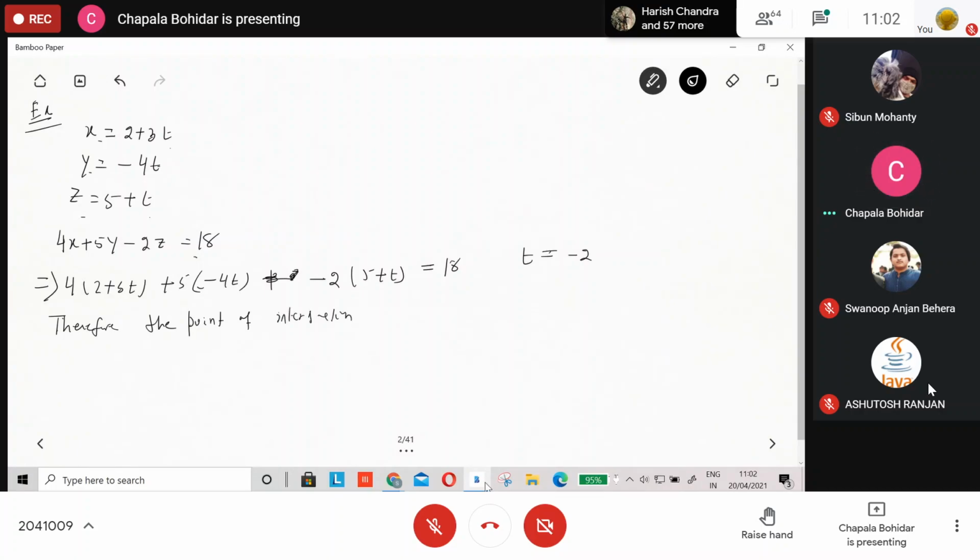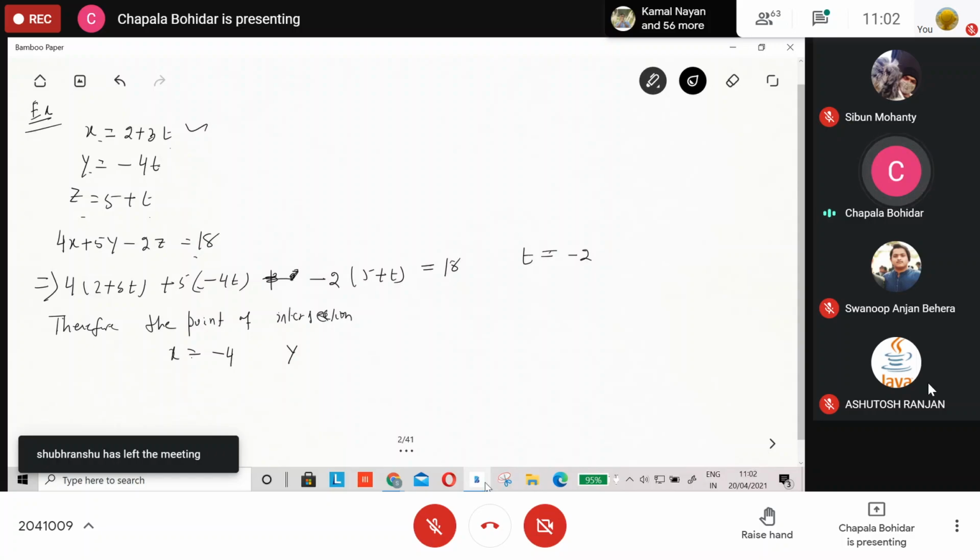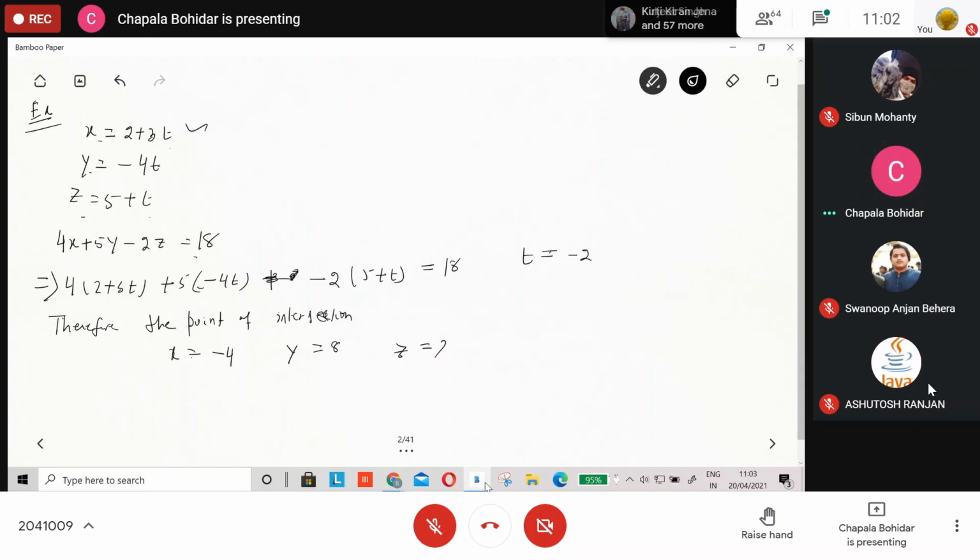X is equal to minus 4, y is equal to minus 2 times minus 4, which is 8, and z is equal to minus 2 plus 5, which is 3. So the point of intersection of the line and this plane is minus 4, 8, 3. Clear to all of you?